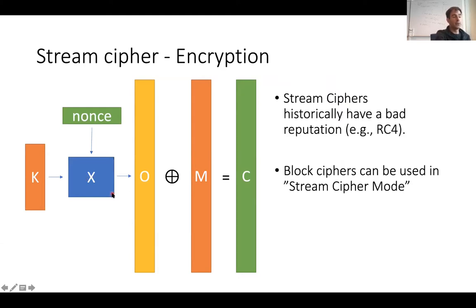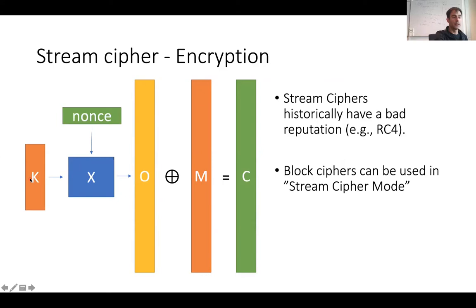But the main difference between this scheme and the one-time pad is that in the one-time pad, the key was as long as the message, whereas here the key is much, much shorter. So this key here could be 100 bits, whereas the message was 1 gigabyte. Naturally, since this output O is much, much larger than the key K, this O cannot be uniformly random.